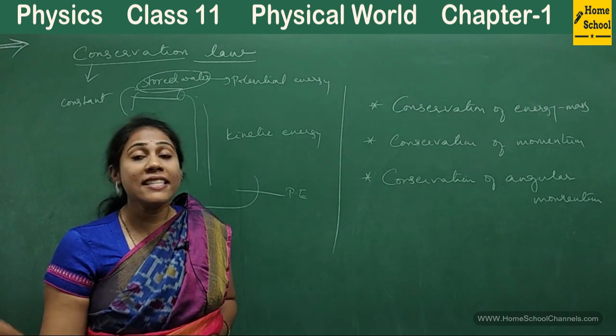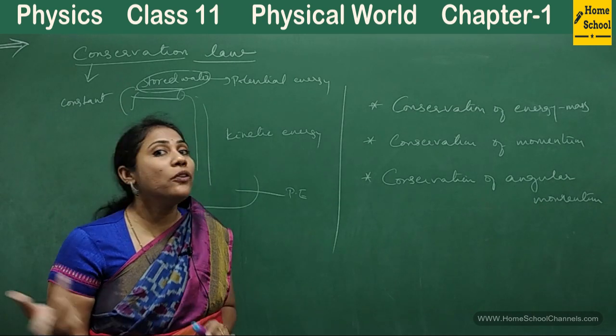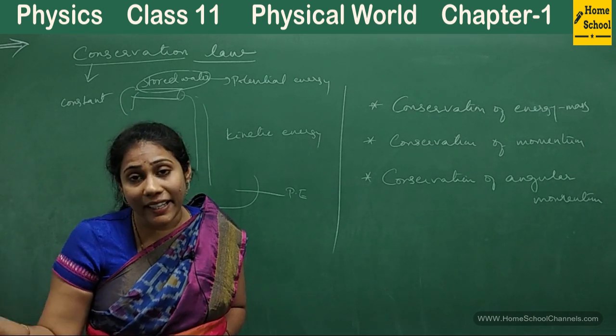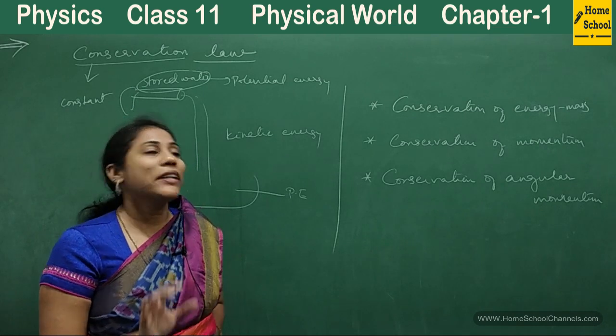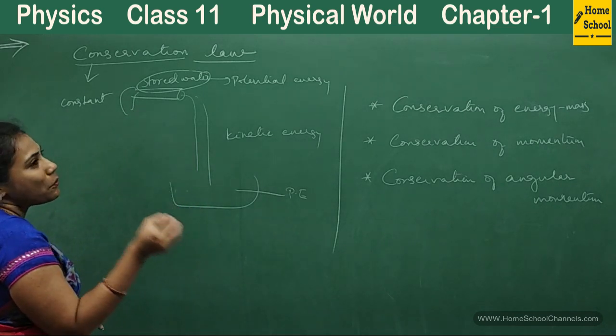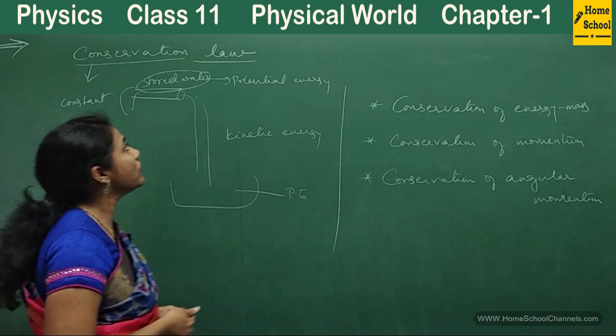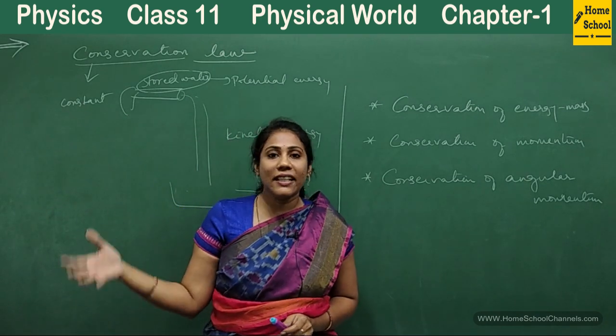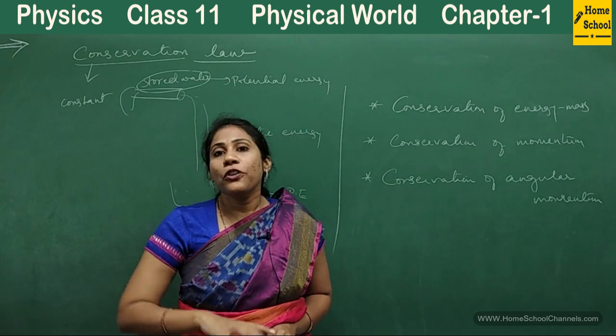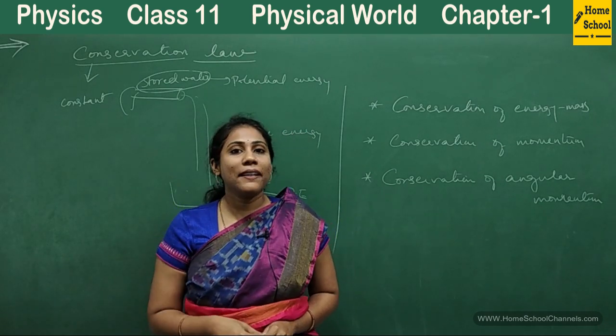Okay, only thing is they can convert from one form to another form, but at the end they remain constant. So this is a small introduction or a brief overview of the conservation laws. Nothing much to study except this, right? So this is all about the chapter, guys.